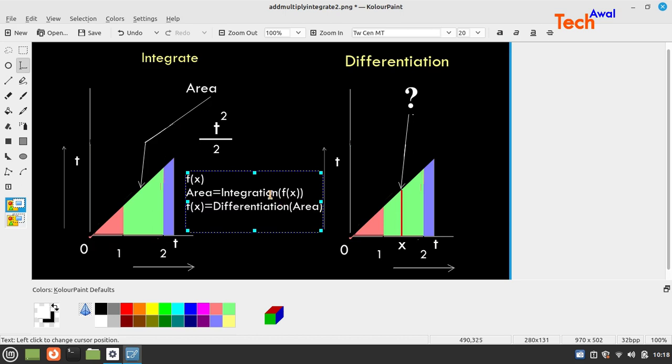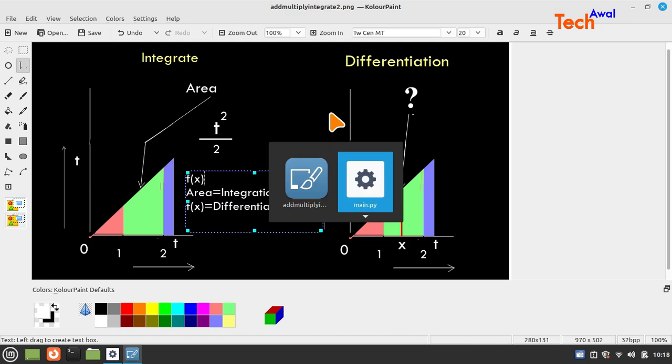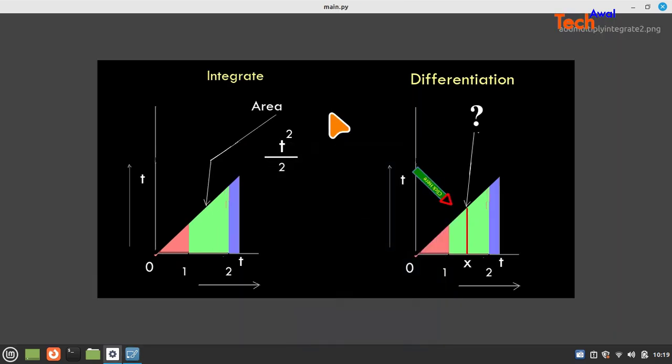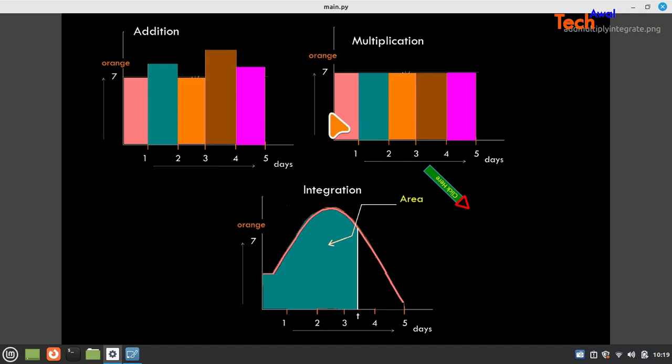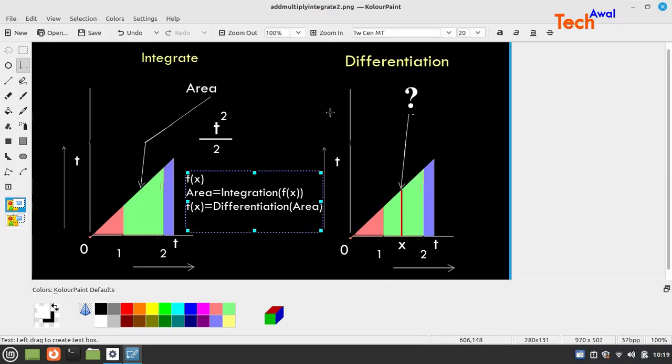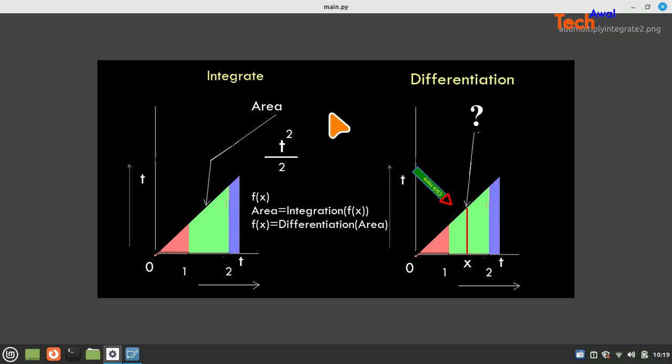If f(x) is a function, so here the function is t. So this is f(x), and then the area is integration of f(x). If we know the area and we do the differentiation, we get back the f(x). So that is the idea.